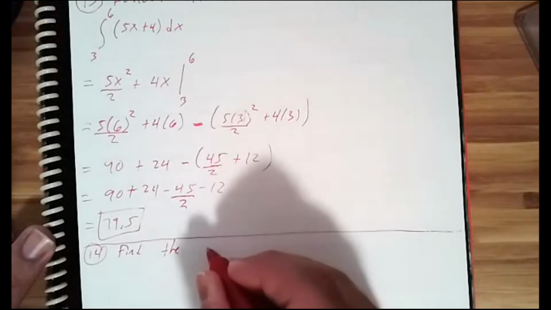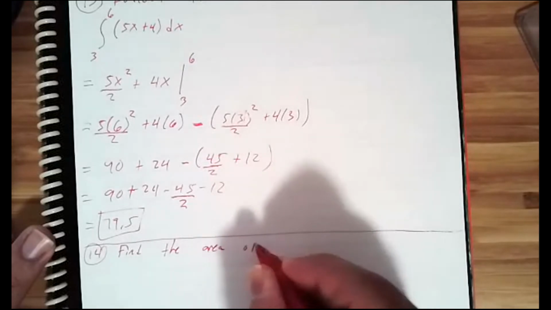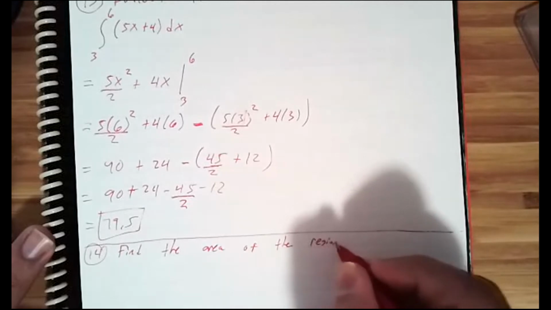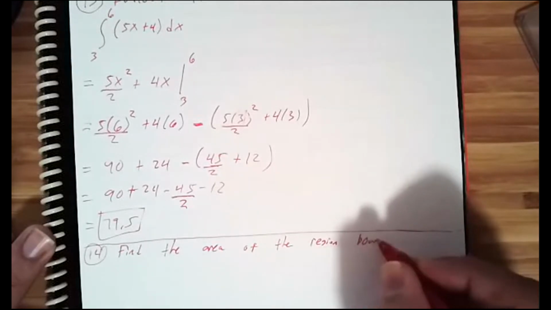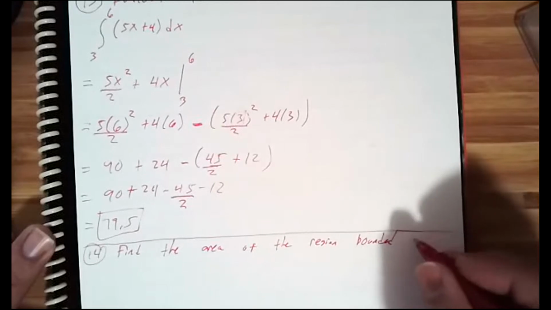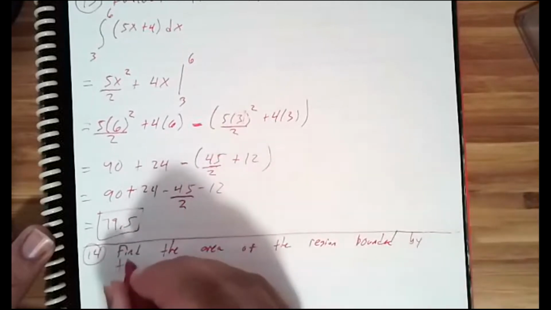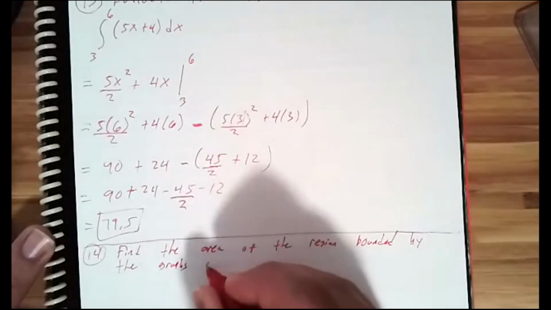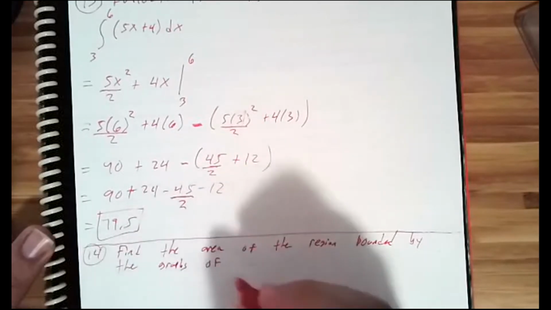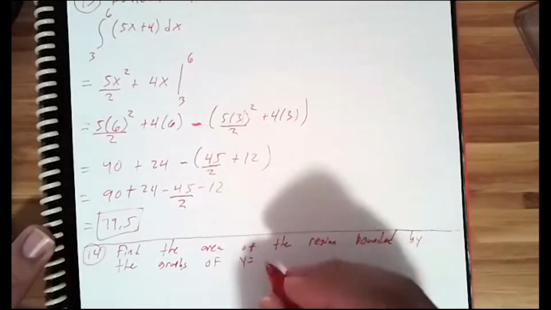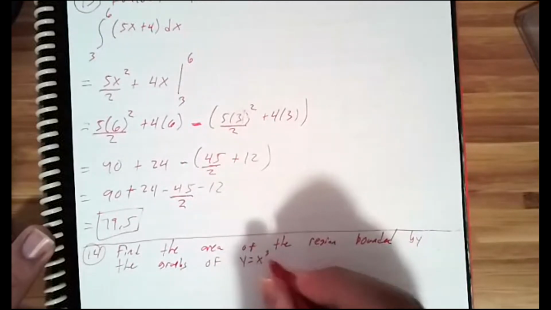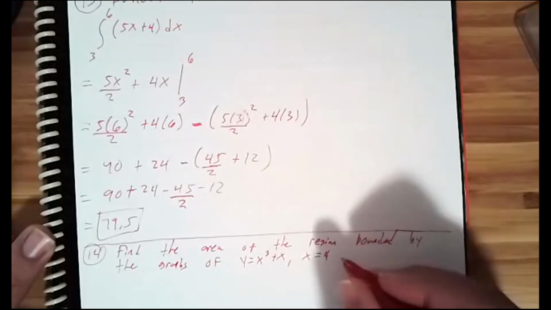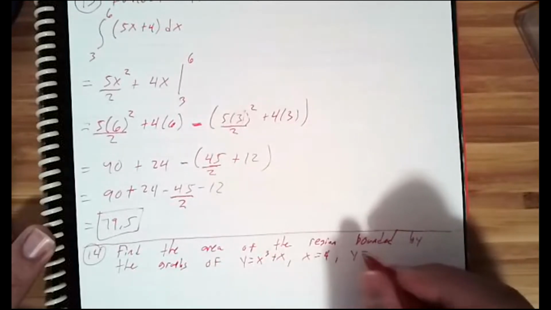Find the area of the region bounded by the graphs of y equals x cubed plus x, x equals 4, y equals 0.